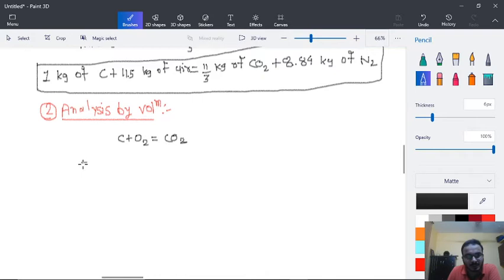Now to write this in the volume form, we can say C plus 1 meter cube O2 is equal to 1 meter cube of CO2.